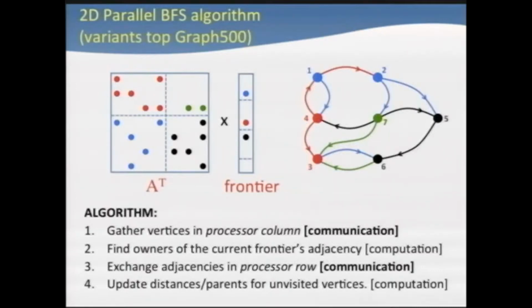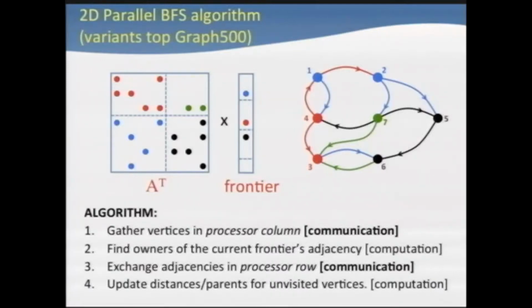You just drive a Cartesian grid over it, right? And it's not that obvious how I actually got this if I didn't see this and was just looking at the graph itself. Another color just got lost, of course. This is red, this is black, but believe me on that. Why do I do that? The 2-dimensional decomposition allows me to do 2 things. One of them is that it actually asymptotically reduces the communication.